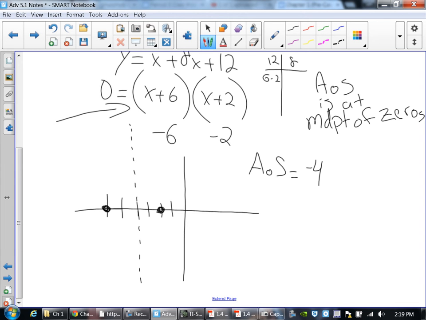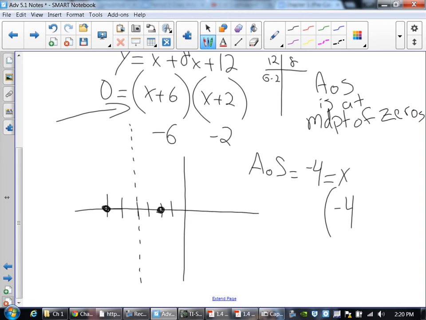Okay? So if my axis of symmetry is at x equals negative 4, what's the x coordinate of my vertex? Negative 4. So now what do I do to figure out the y value?